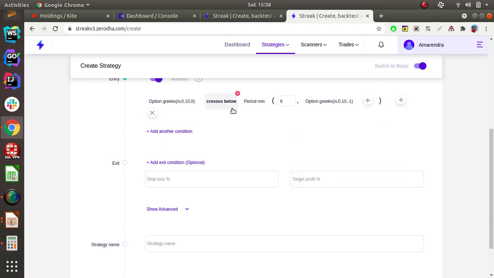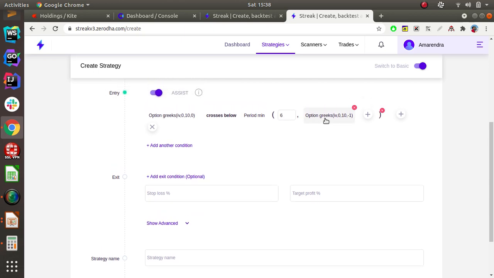This statement means implied volatility has crossed below the minimum of the last 6 candles, the last 6 time frames. IV has decreased that much. So if IV has dropped here, then we make an entry. Here I give a -1 because of the previous candle.